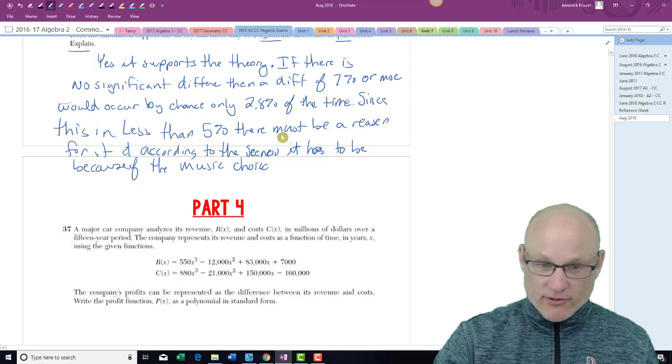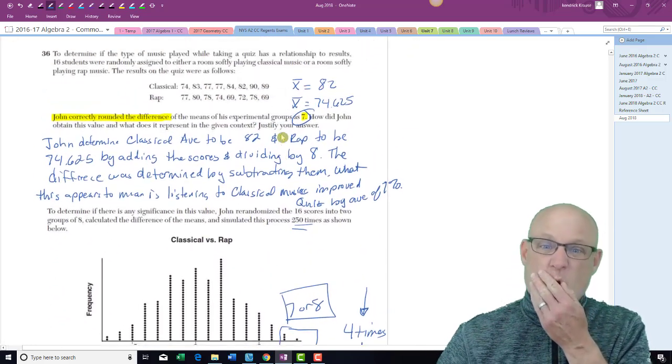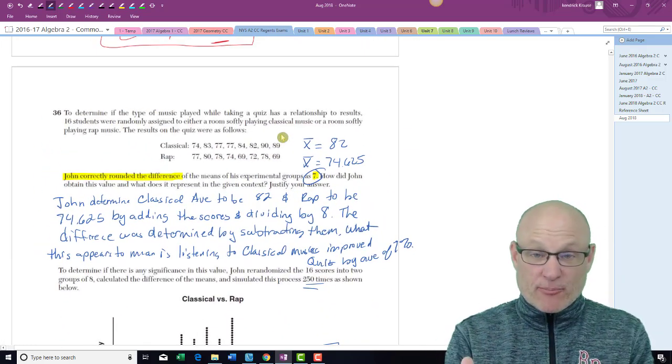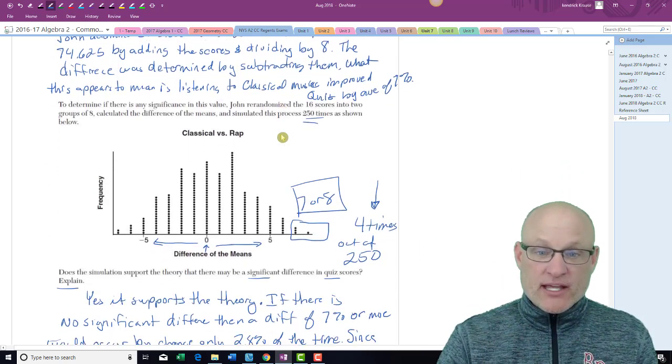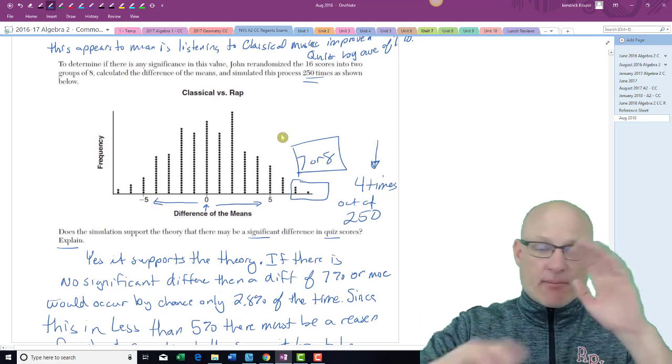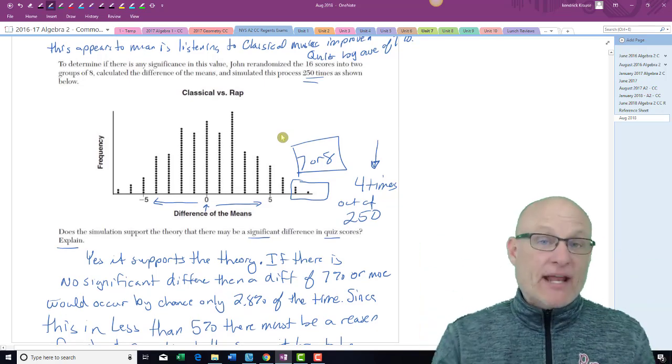So make sure you understand this. We saw that there was a 7% difference. We had calculated it. They said, okay, let's just re-randomize and see what happens.